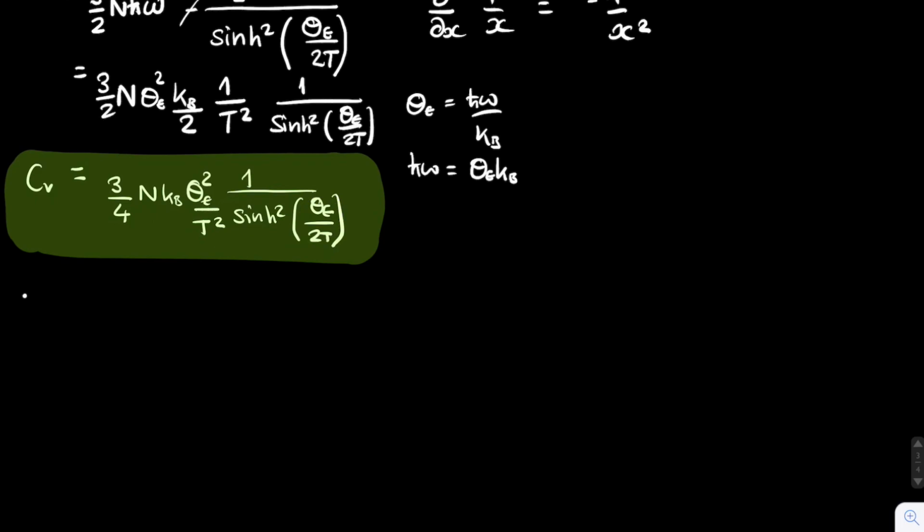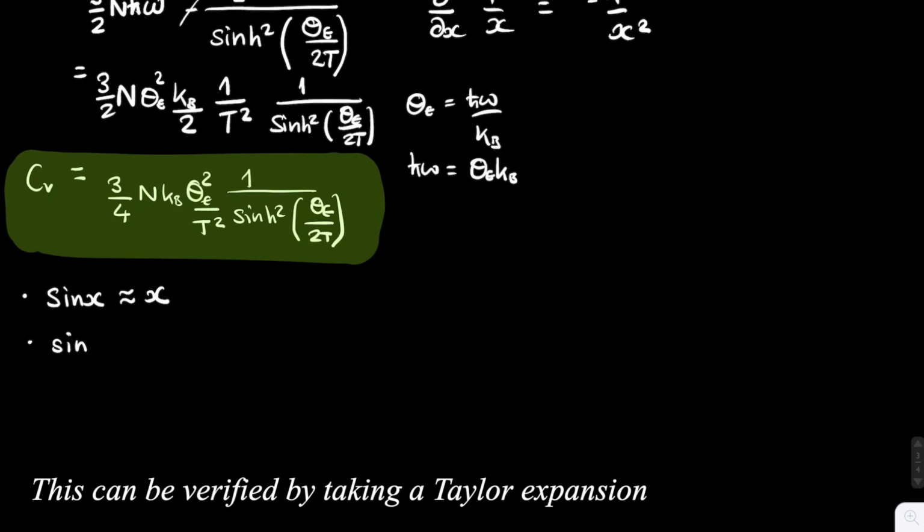So what happens when we take sinh of a very small number? Well, similar to sine, if you remember the famous approximation that sin x is roughly equal to x for small x, this is also true of sinh as well, which is quite nice, quite convenient.